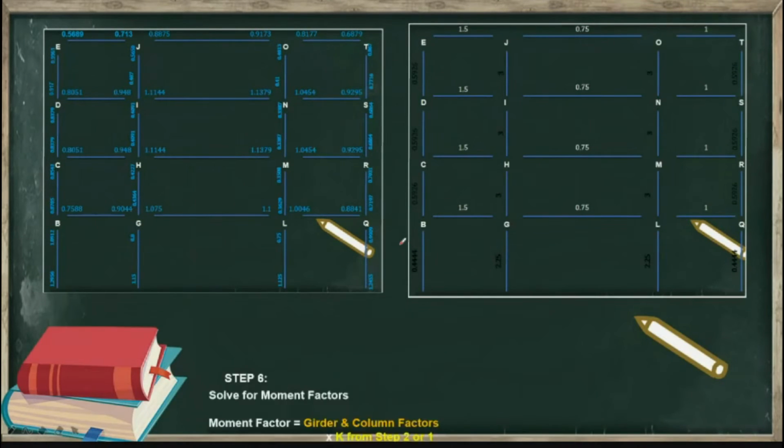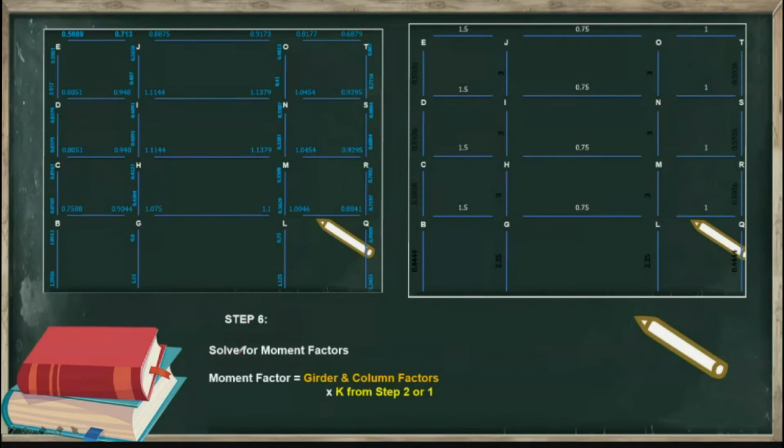So, next step, solve for moment factors, yung step 6 natin. And moment factor is equal to girder and column factors times K from step 1 or step 2. Kaya may step 2 or step 1 dito. Yung step 2, kung dinivide nyo siya dun sa highest value ng K. Kay step 1 naman, kung hindi nyo ginawa yung pag-divide natin doon.